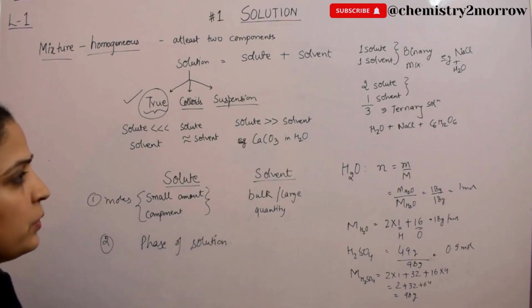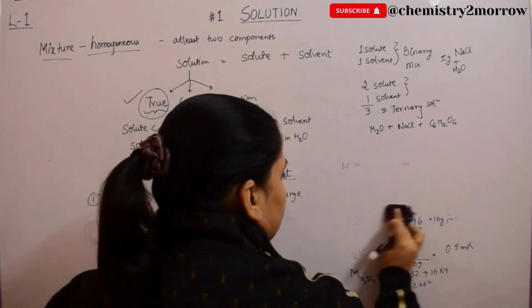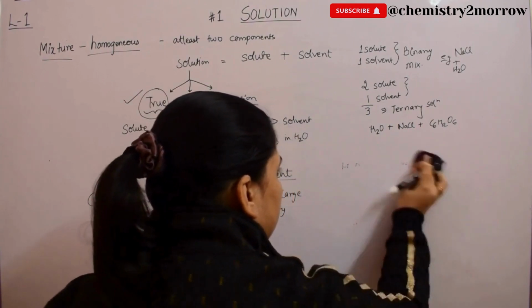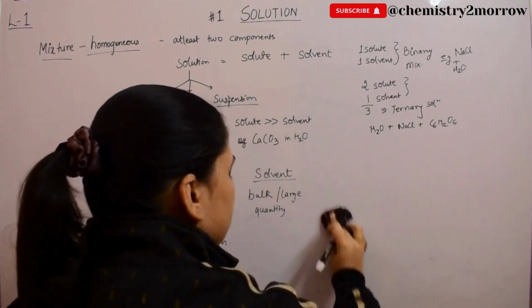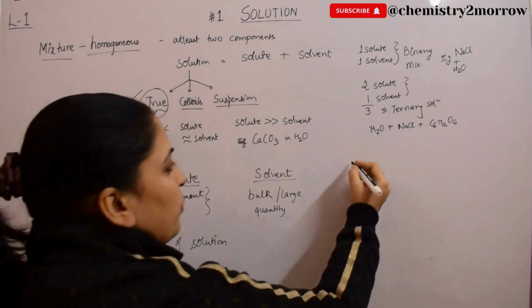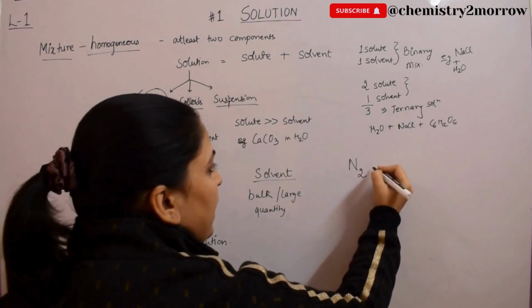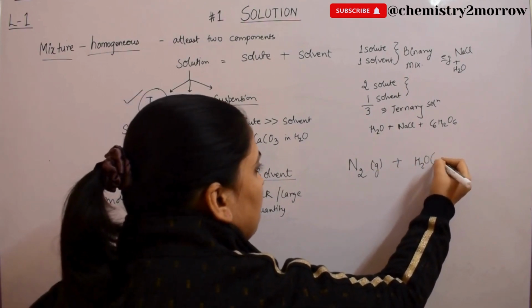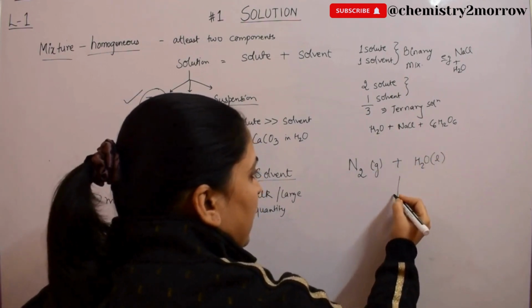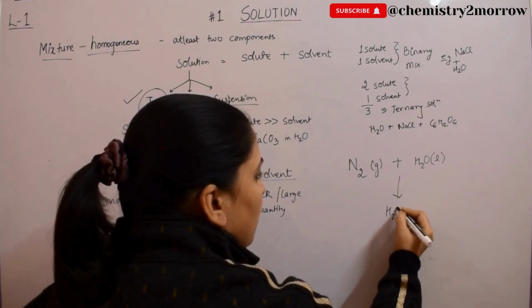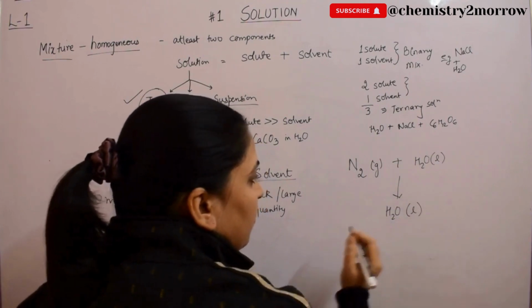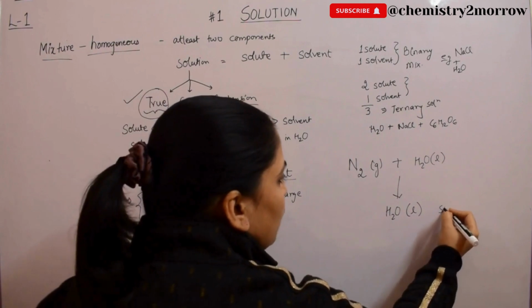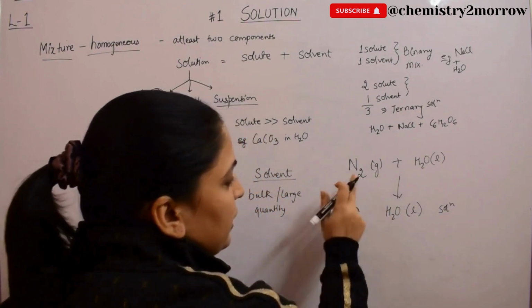Let us see an example of this. So suppose I am dissolving nitrogen gas in water, which is liquid phase, and I am getting H2O. So this is the phase of my solution which contains nitrogen gas.